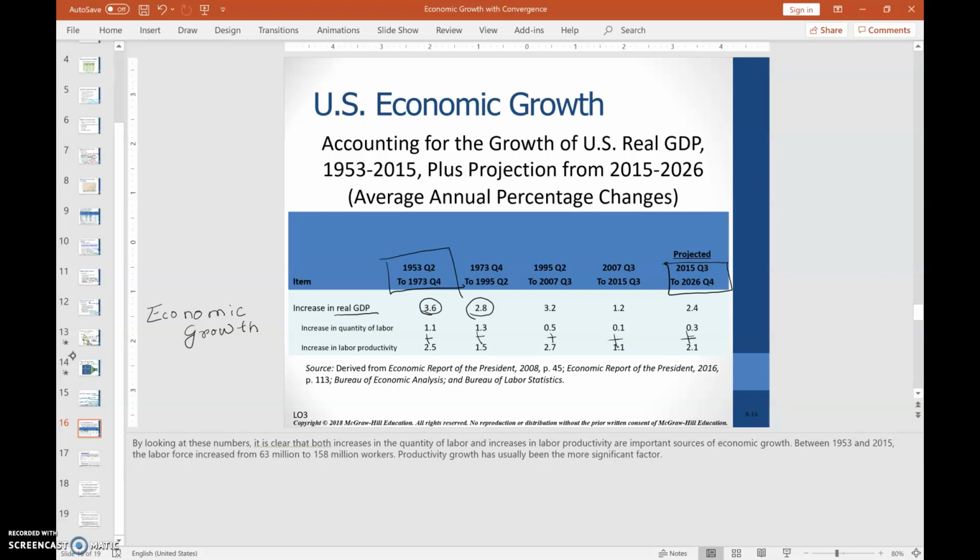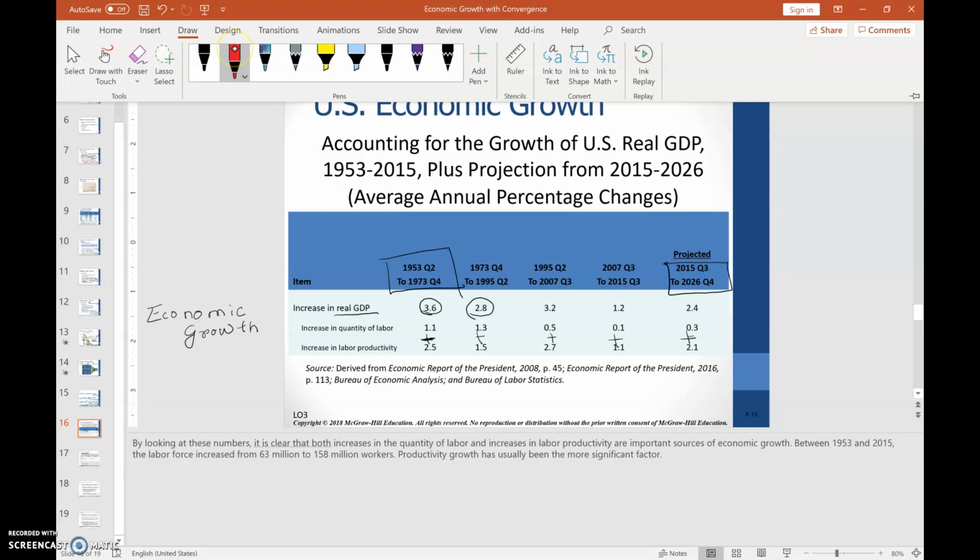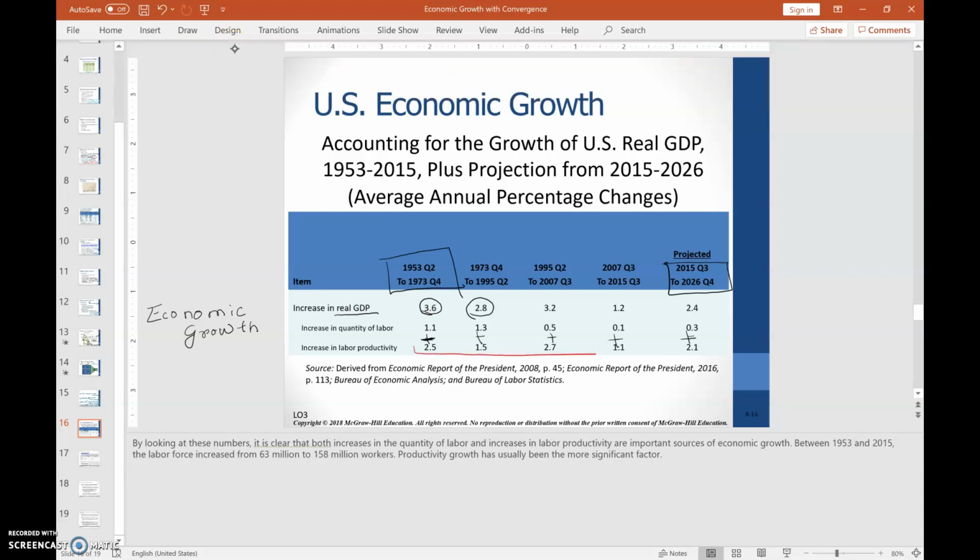This is showing me the real GDP increases as a result of increase in quantity of labor and increase in labor productivity. However, if you notice, all these labor productivity numbers are greater than increase in quantity of labor.